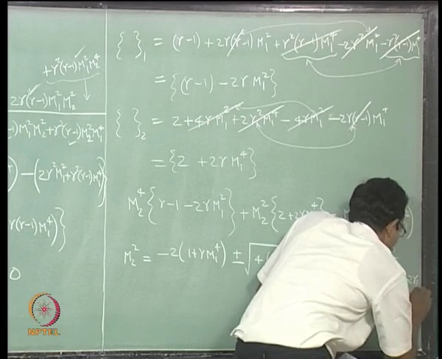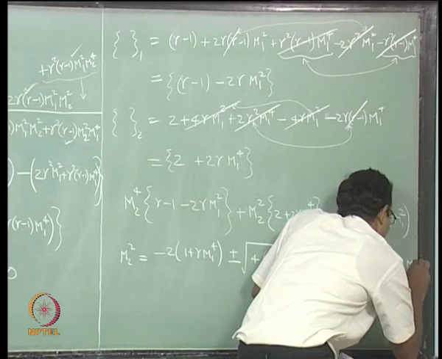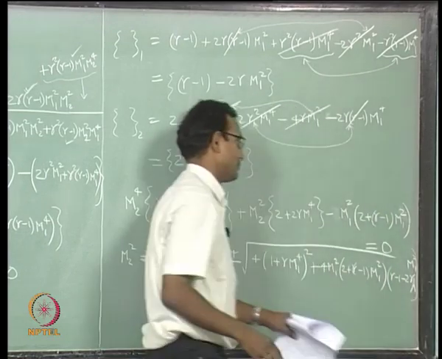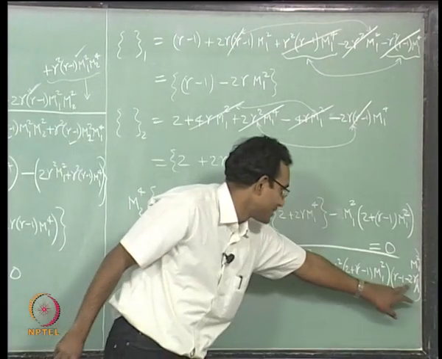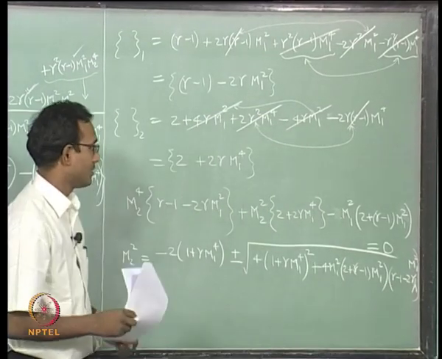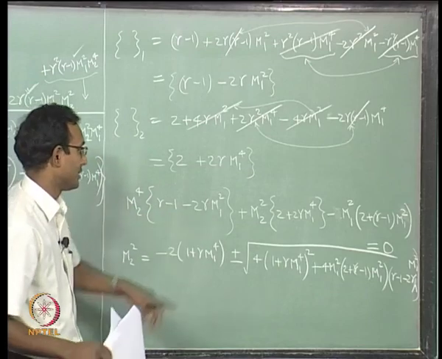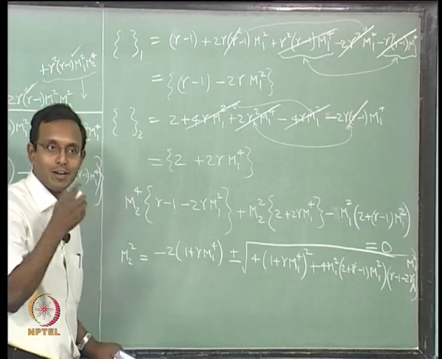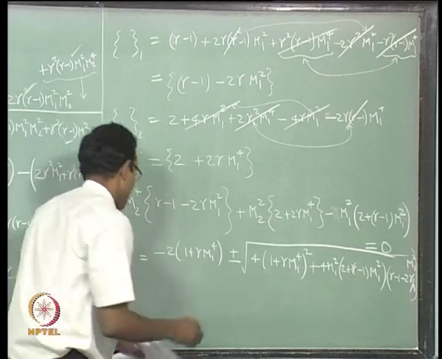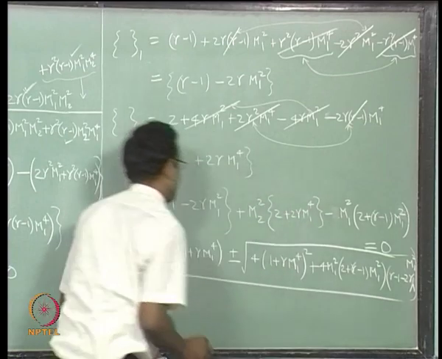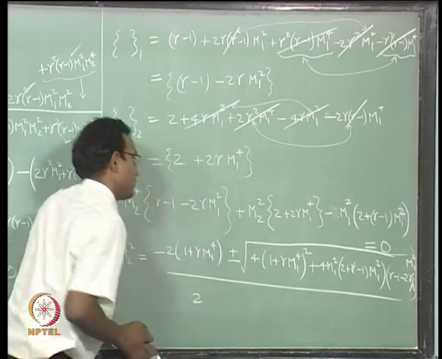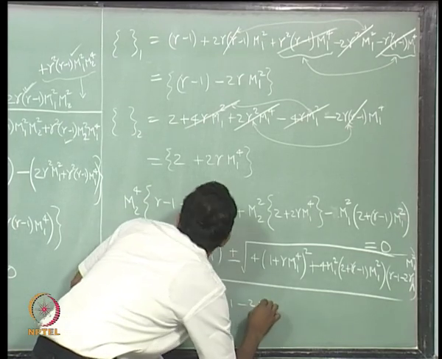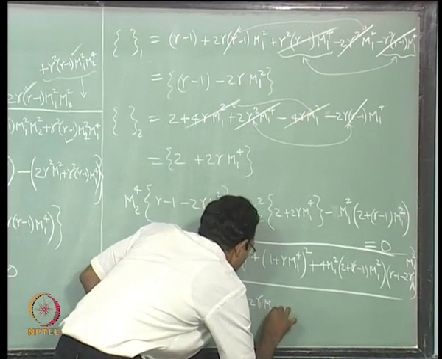I will just write this m 1 square above and then close bracket around this. I do not have space for the final thing, it is 2 gamma m 1 square there, that is basically this term there at the end, square root extends all the way up to the end. This is just the numerator, I have to put divided by 2a. Two into just the first coefficient gamma minus 1 minus 2 gamma m 1 square.